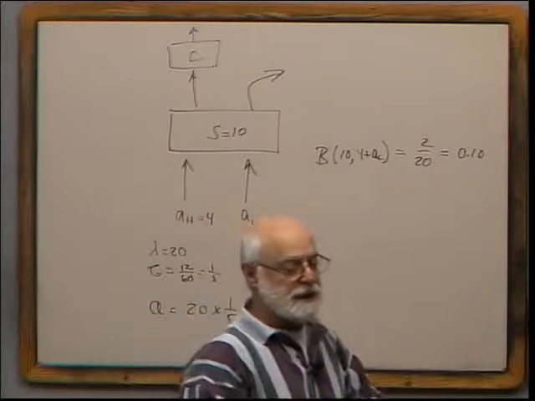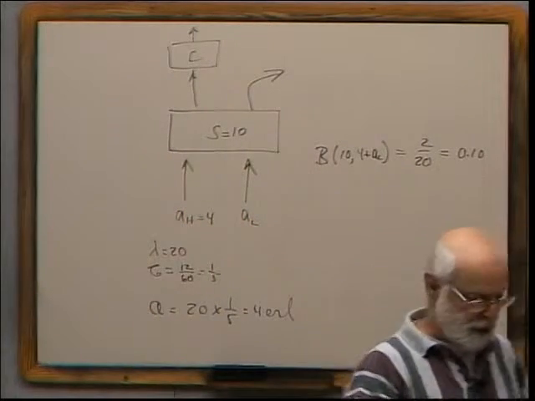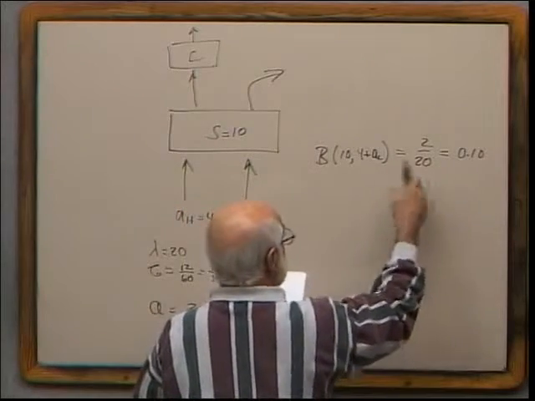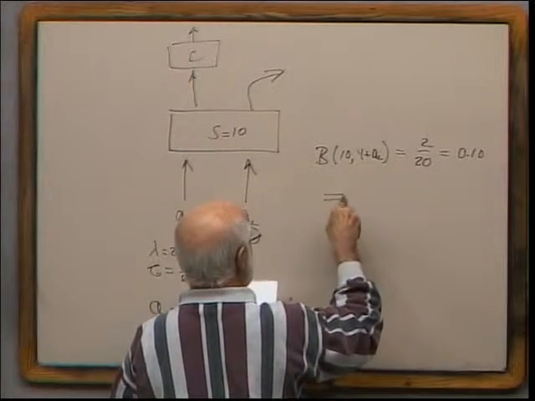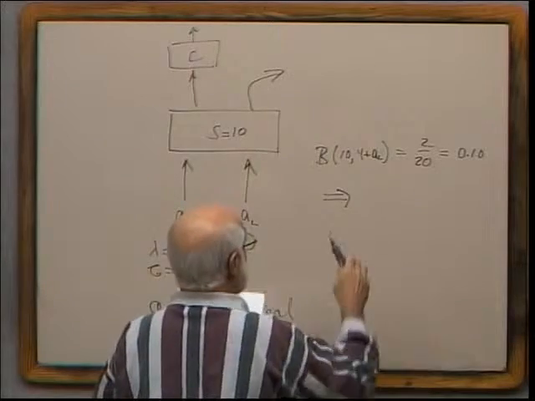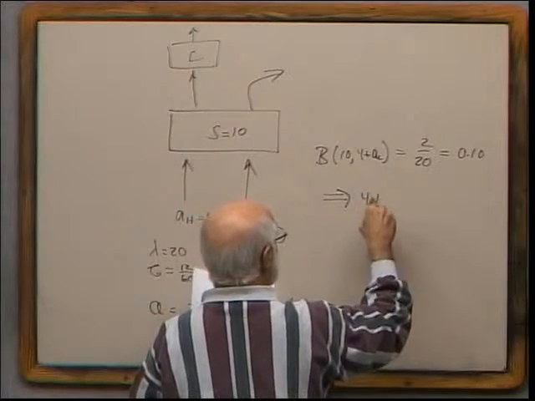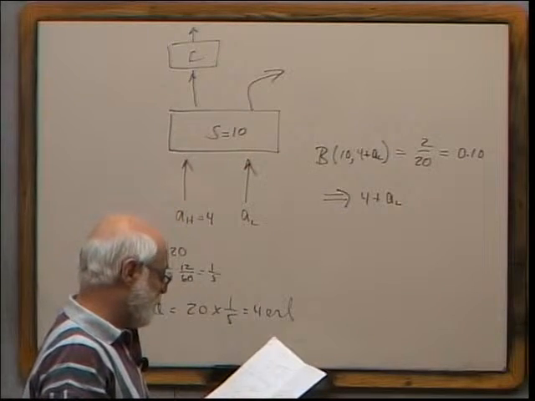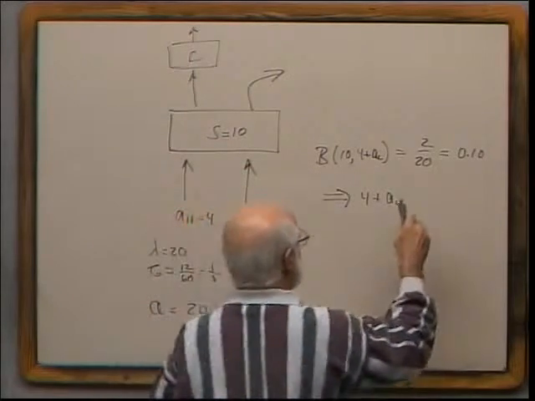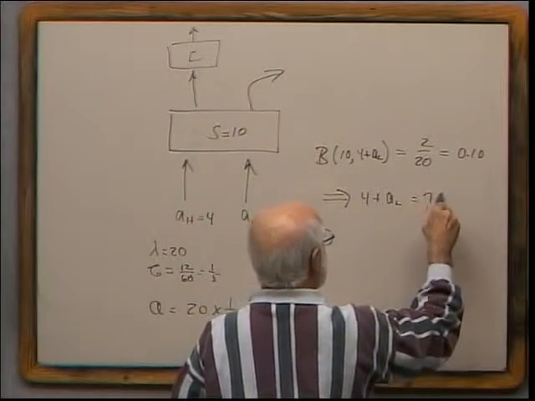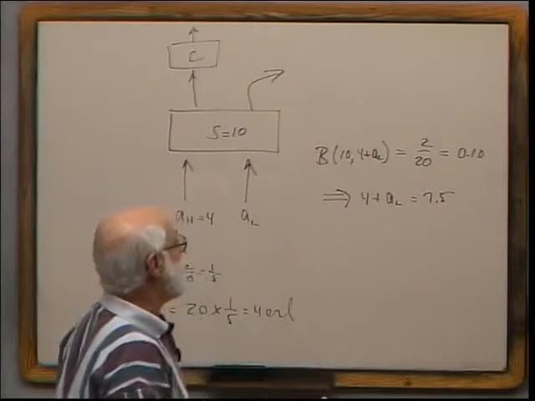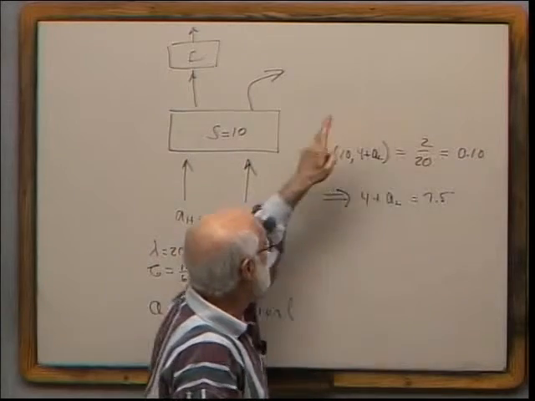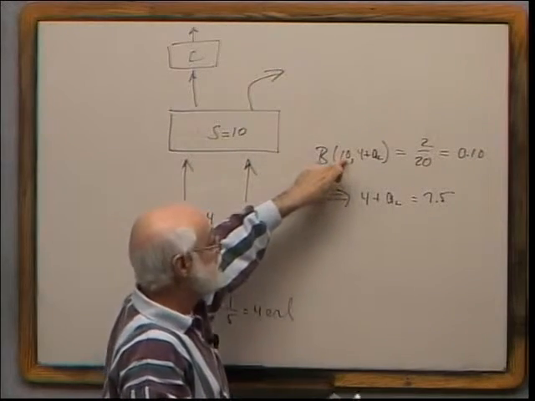So in other words, this statement here implies that 4 plus the number of Erlangs in the low priority traffic must equal 7.5 Erlangs. Because just as before, we could figure out that if the probability of blocking is 10% and we have 10 servers, then the total offered load must be 7.5 Erlangs.